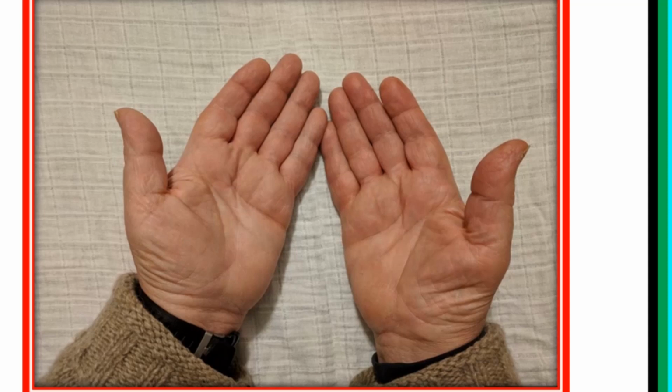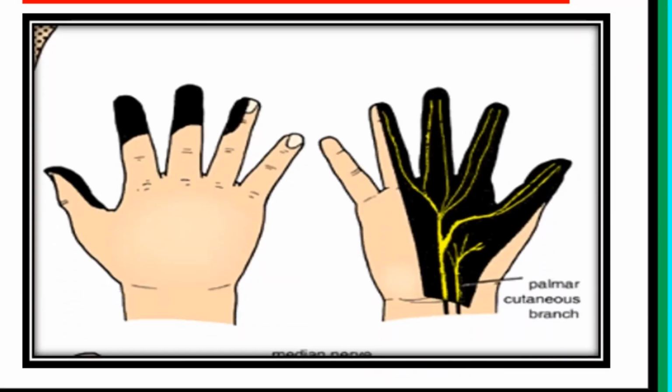This is the hand that is called the ape hand because of the atrophy of the thenar eminence and then the hyperextension at this point. And here, because the abductor is also lost, the adductor pollicis will push the thumb into a fixed adduction position.